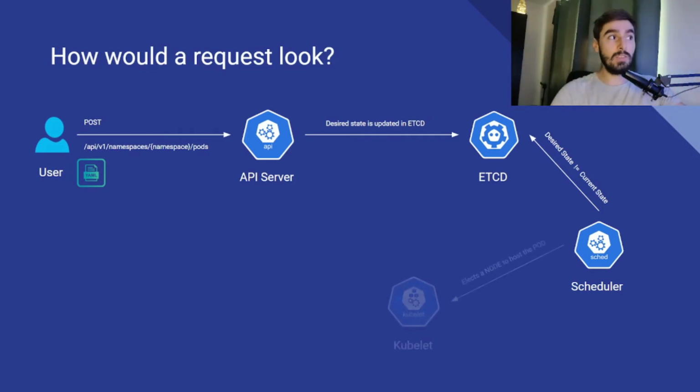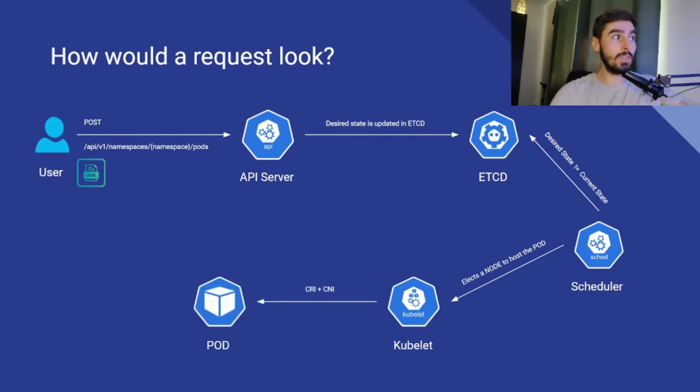So what this means is it will try to find a node which has enough space on it to host the workload, and it will communicate with that node's kubelet, telling it, hey, you have new work incoming, please create this pod for me. And then the kubelet on the node will go to the container runtime interface and container network interface and will instantiate the pod onto the address space of that node. This is basically what's happening behind the scenes.